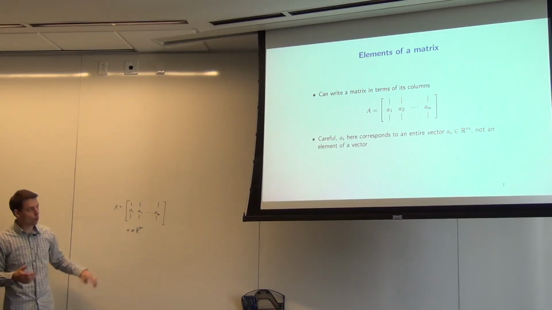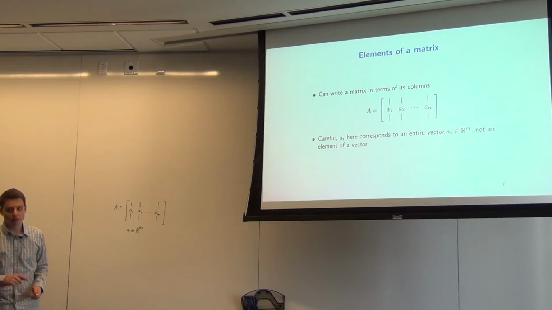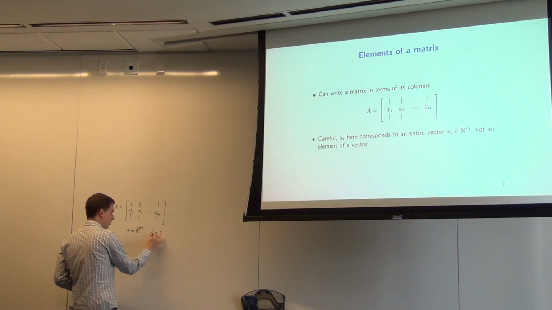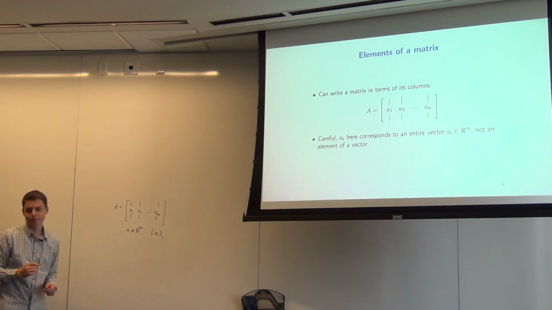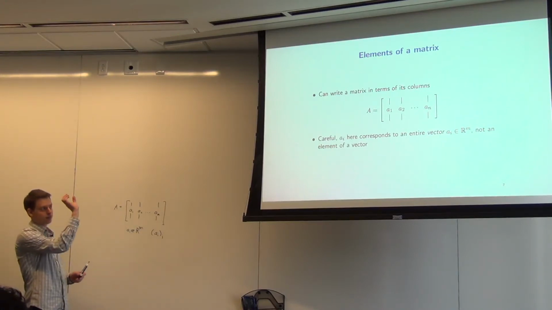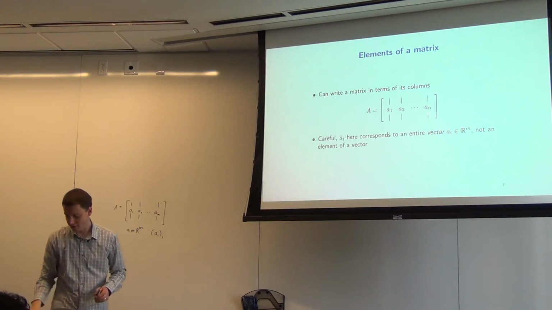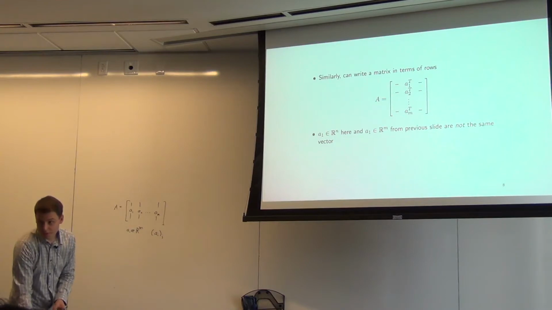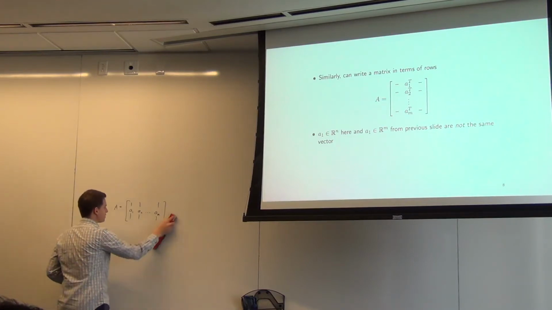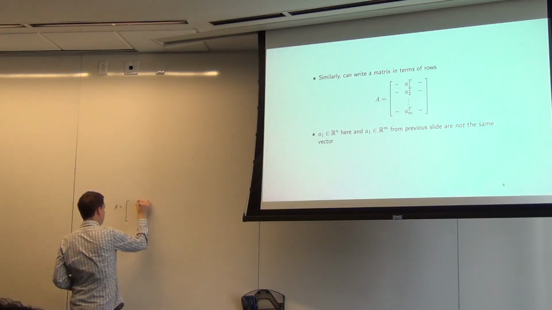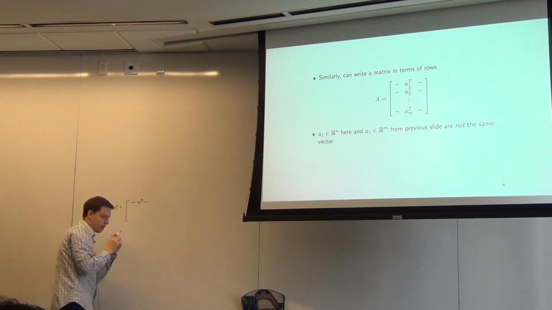If I do ever want to talk about the jth element of Ai, I will use Ai with parentheses around it and then subscript j. But importantly, here Ai is a vector. We can also write a matrix by its rows, which will also be useful. Instead of by its columns, we write A1 transpose, and remember, we're talking about a row vector now.